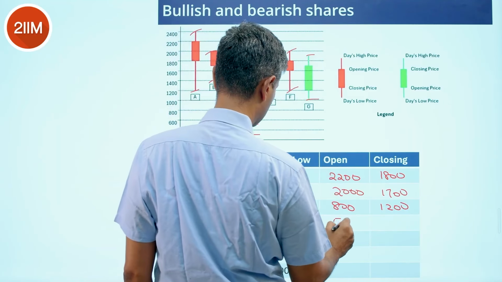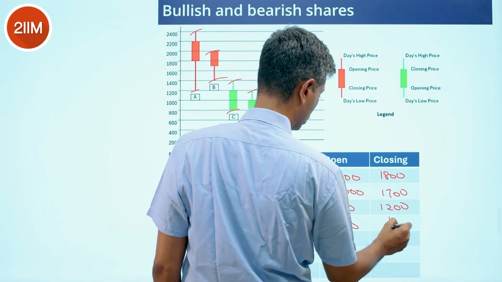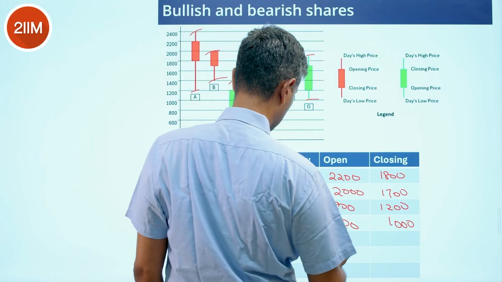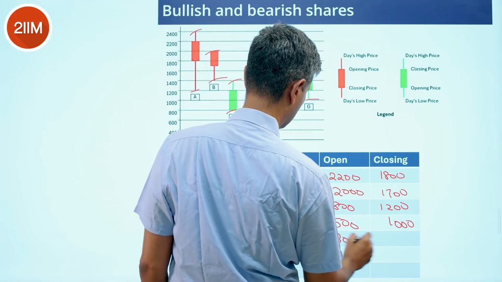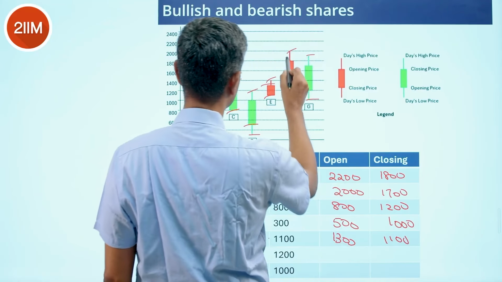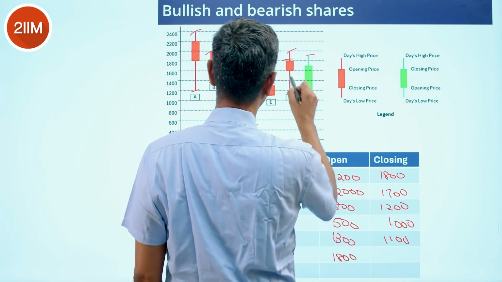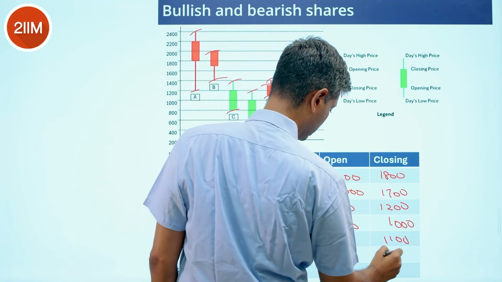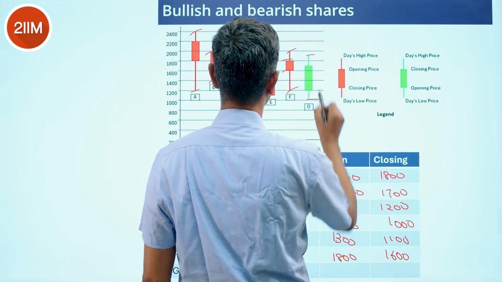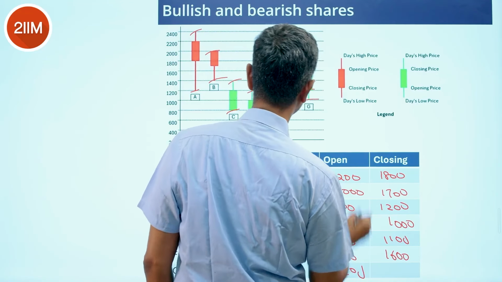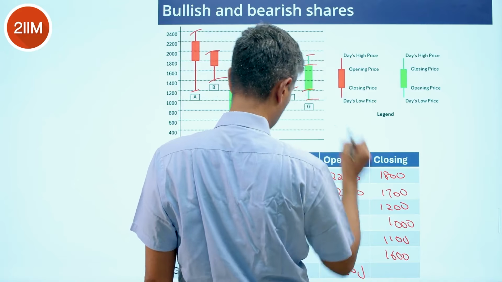Starts at 500, ends at 1000. Starts at 1300, ends at 1100. Starts at 1800, ends at 1600. Starts at 1200, ends at 1700.